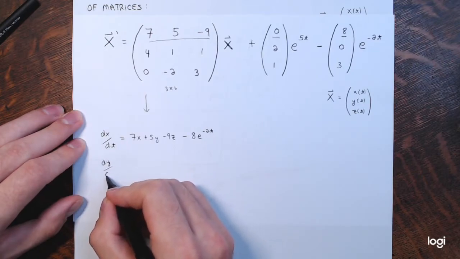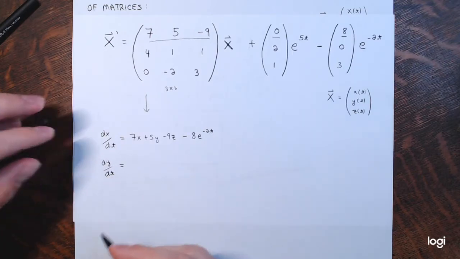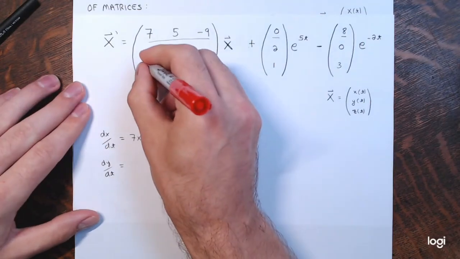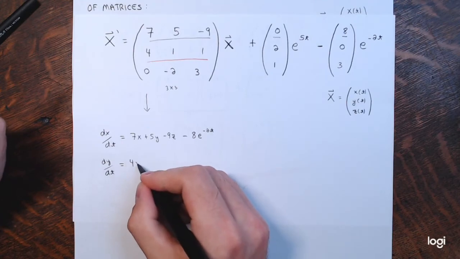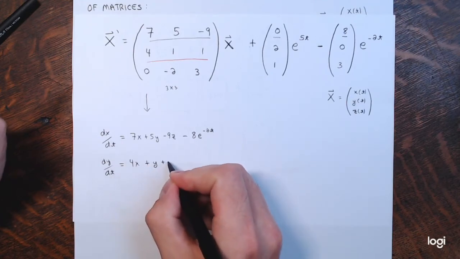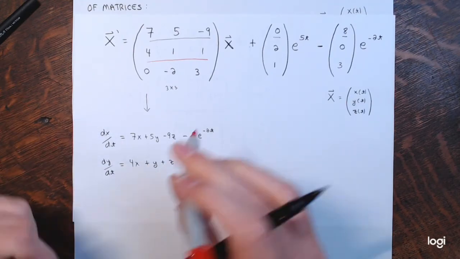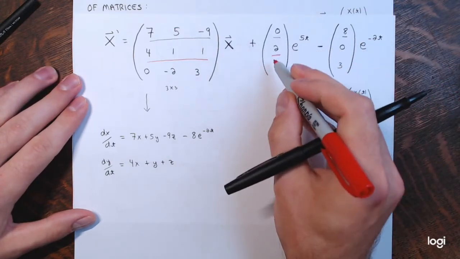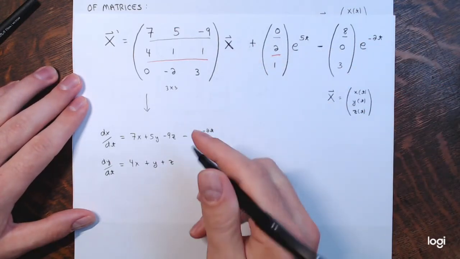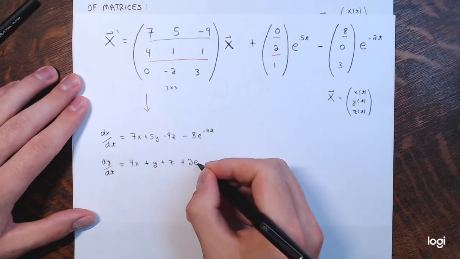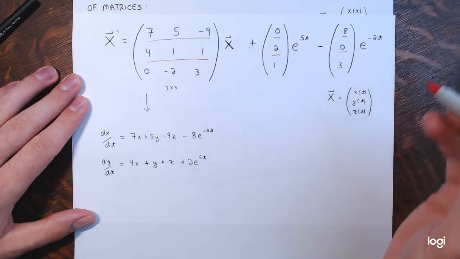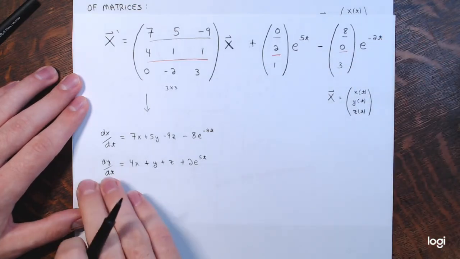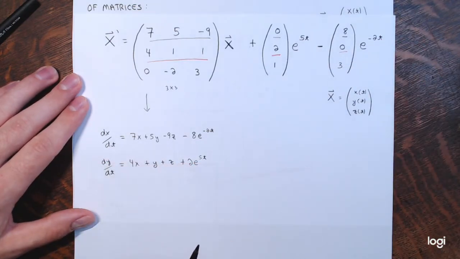We have dy dt, y prime, equals, and looking at the second row, the 4, 1, 1 corresponds to 4x plus 1y plus 1z. Second row here is plus 2 e to the 5t. And then second row here is minus nothing, minus 0. So there's all the second row stuff equated.